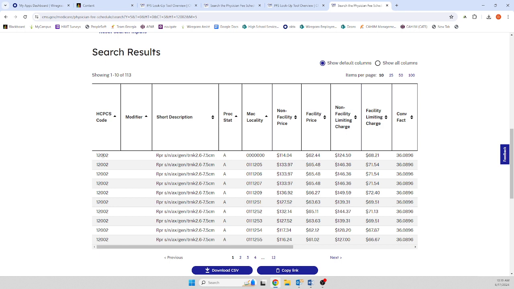And we're just going to go with this very first one here. We're going to go with the one that is just the generic, doesn't have a locality. We're just going to go with this generic one here. So for it, our non-facility price is 11404. Our facility price is $62.44.